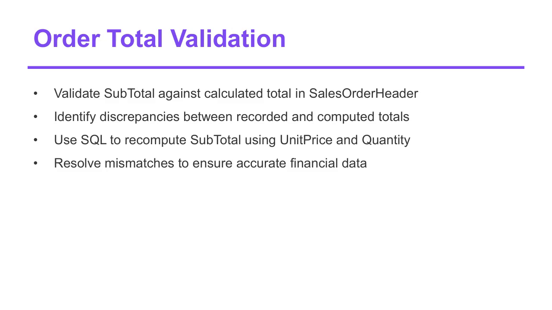This helps us identify any discrepancies between the recorded totals and our computed values. Once we find any mismatches, we need to investigate and resolve them promptly to maintain reliable and consistent financial records, which is crucial for accurate reporting and auditing.